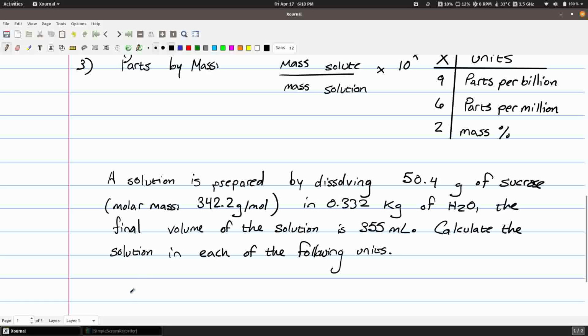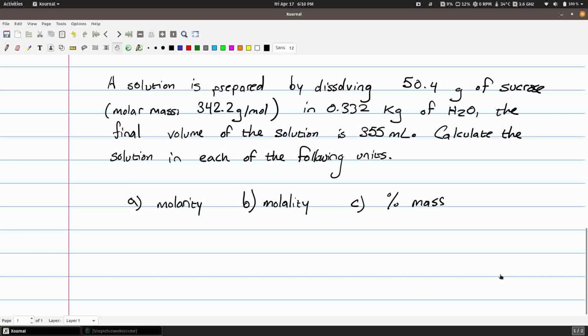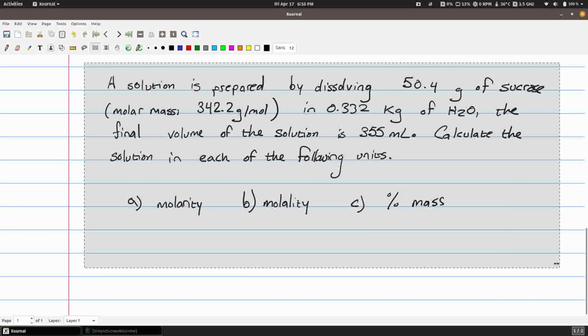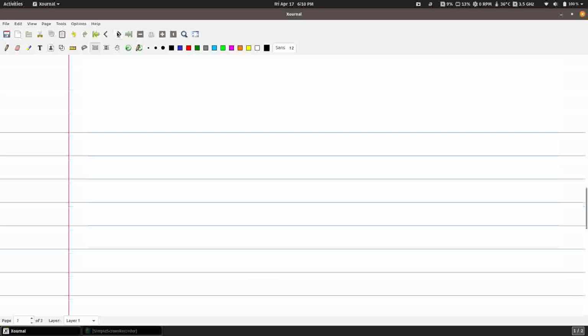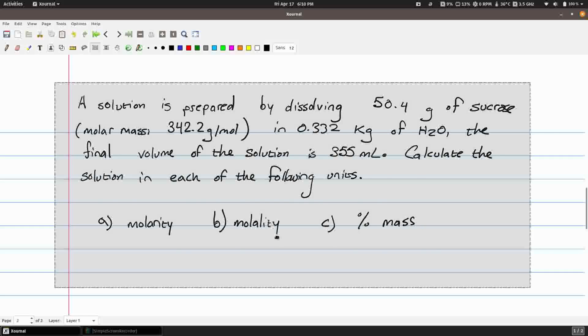So we're going to have A, molarity, B, molality, and then C, let's just do percent mass. Okay, so I don't have enough room to do this, so pause the video and copy this if you're not done copying it, and then we're going to continue on another page.